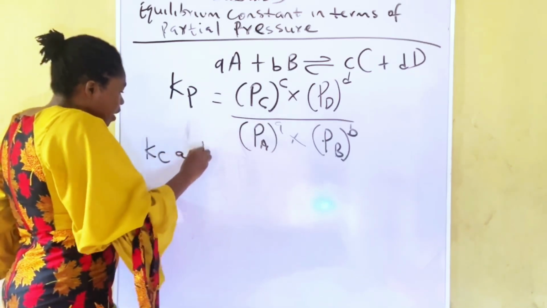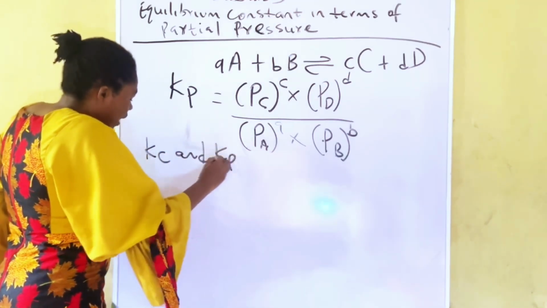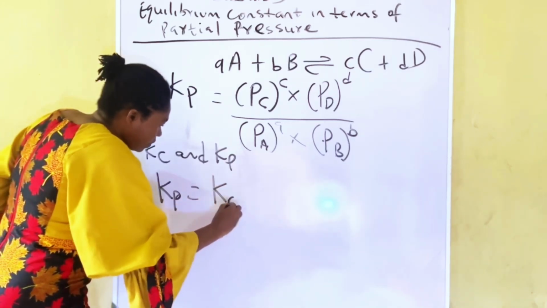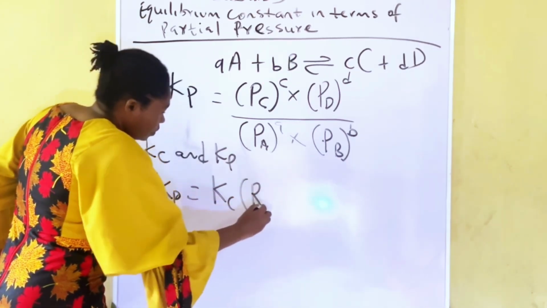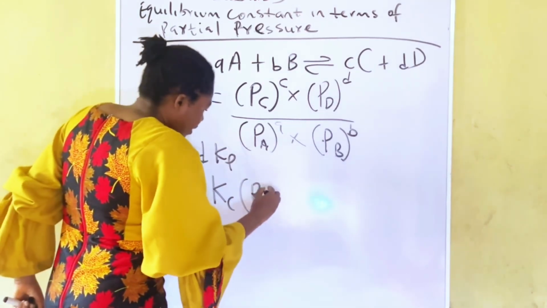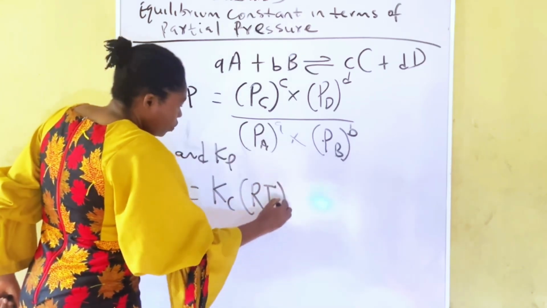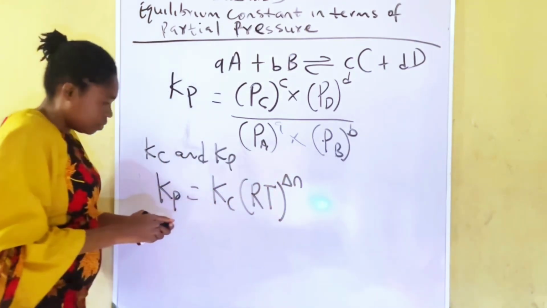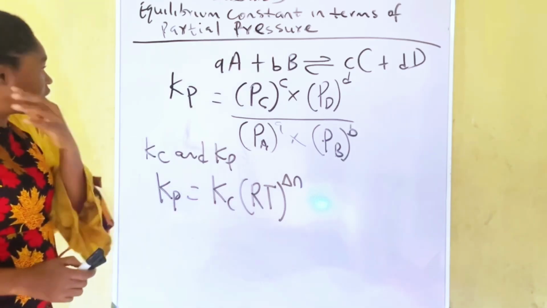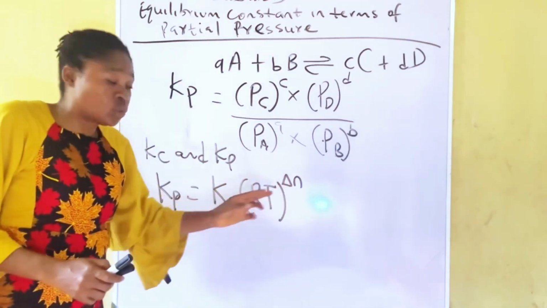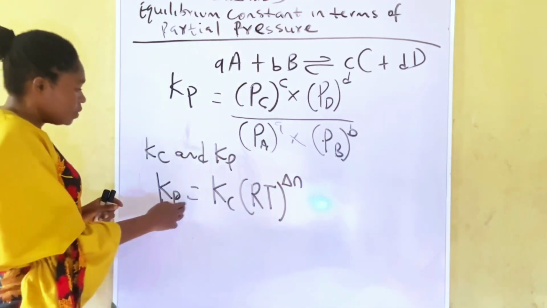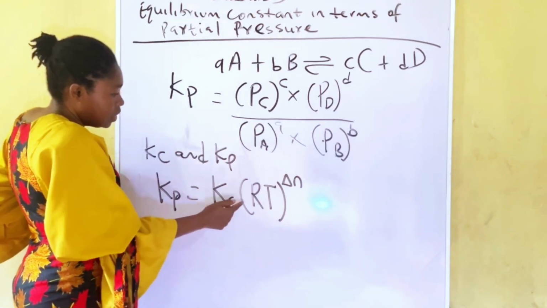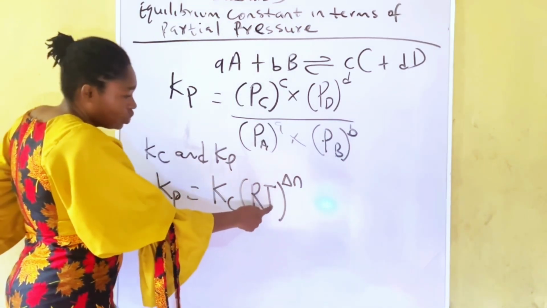We'll be looking at the equation that connects Kc and Kp. Kp is equal to Kc times the gas constant times the temperature in Kelvin, raised to the power of the change in the number of moles. Kc is the equilibrium constant, R represents the gas constant, T is the temperature in Kelvin.